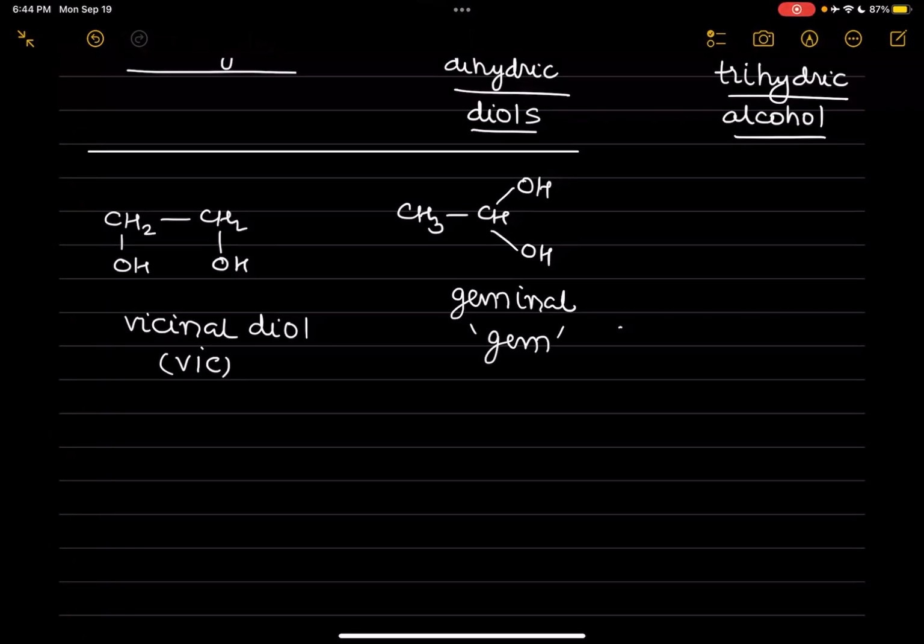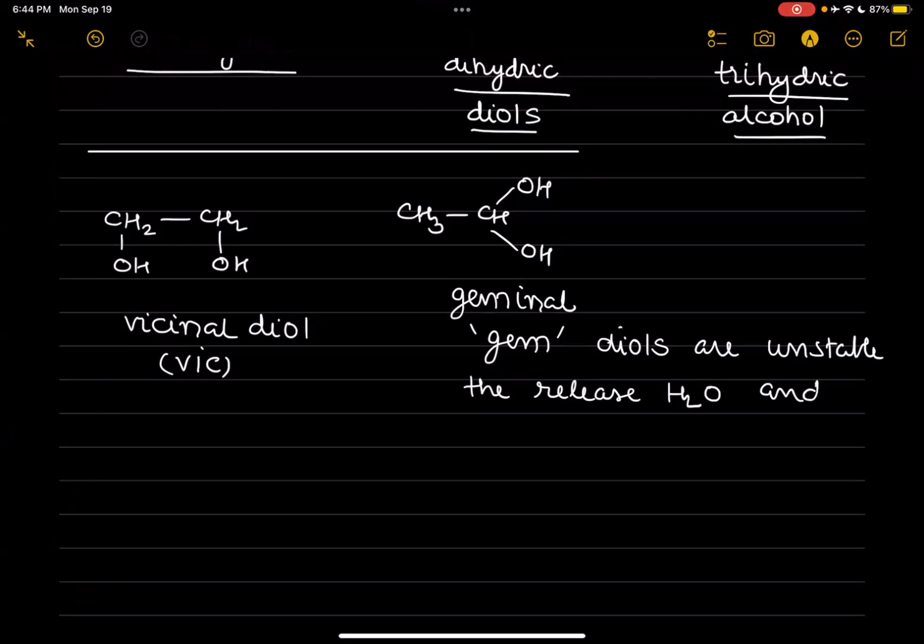Actually, one more thing. Gem diols are unstable. This is some extra thing. You don't actually find gem diols, because they are unstable. They release one water molecule.